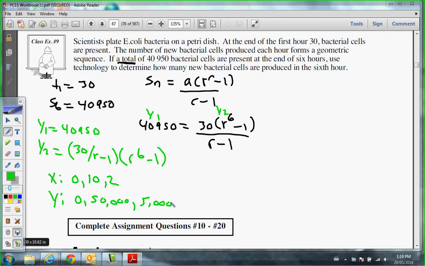Because remember, our goal is we're trying to figure out what T6 is. They want to know how much is made in the 6th hour. So in order to get T6, I need to figure out what the R is. Okay, any luck yet?